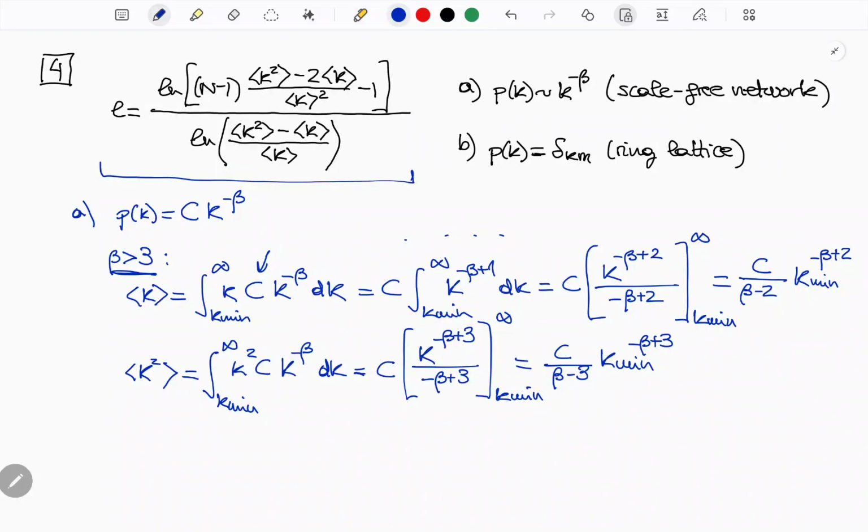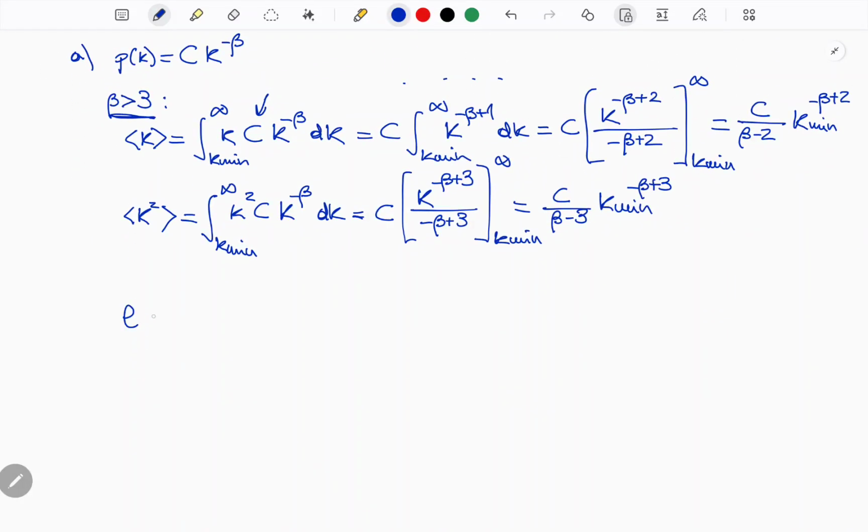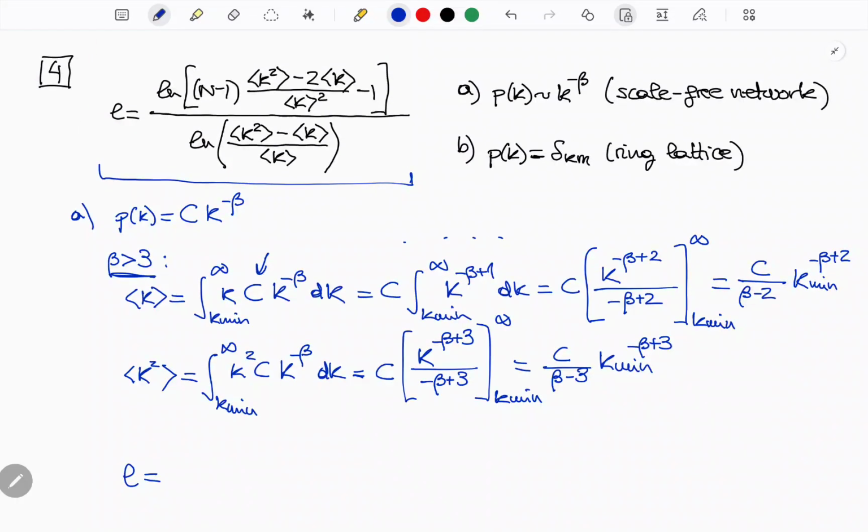Now, L is going to be, you can see in this expression, I have this n minus 1, and I have this minus 1, which I can neglect directly. If I neglect this part, it's like it didn't exist. So now I have the logarithm of the multiplication of n minus 1 times this part over here.